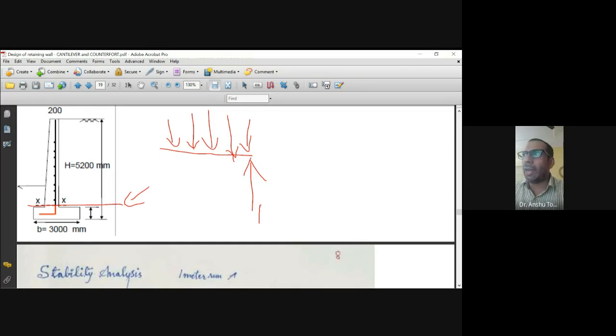Now this is the reaction I am having corresponding to this total load. And this total load is giving me the total shear which is acting at this horizontal zone. So how can we evaluate this? Whatever load is coming into this zone, which is giving us the reaction force.